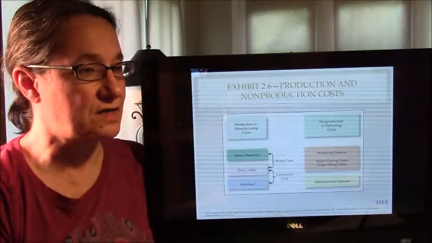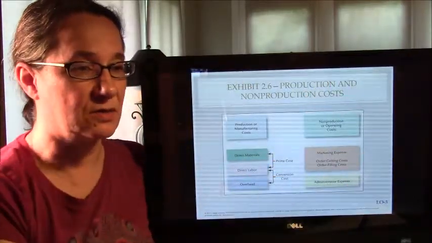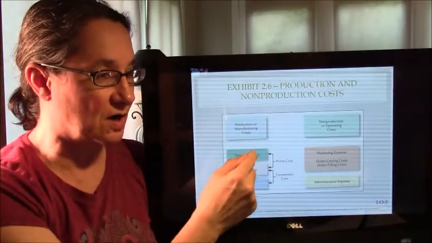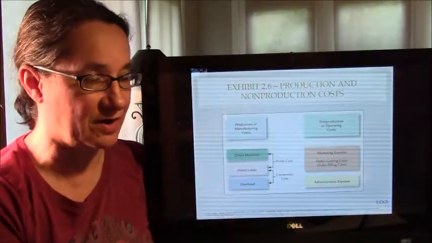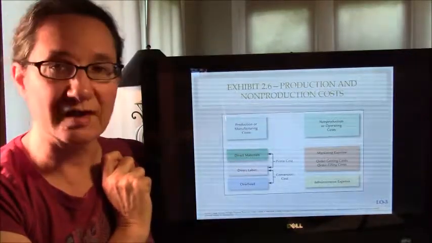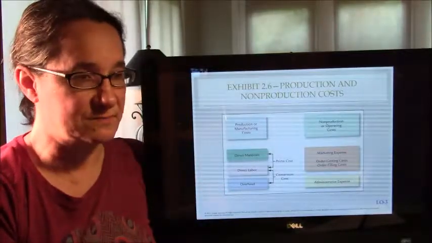All right, so there's production costs, non-production, or what we might call operating costs. So production costs are direct materials, direct labor, and overhead. The prime costs are the direct materials and the direct labor. The direct labor and the overhead are conversion costs.